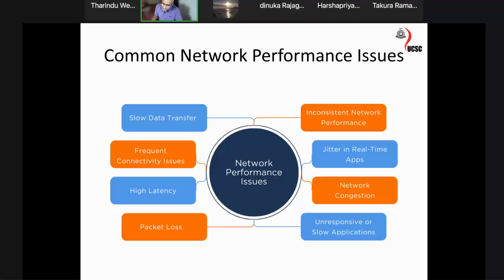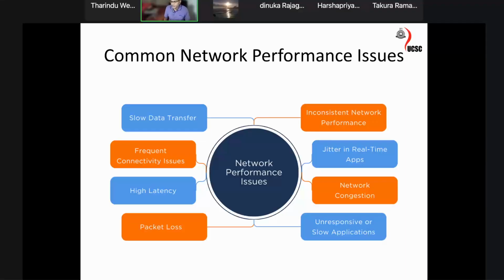And unresponsive or slow applications. Sometimes the network issues are not directly network issues, because the network is fine, but end-to-end application functionality from server to client may be less responsive. It can be a network issue as well, due to workloads or distance. But it can be an application issue as well.